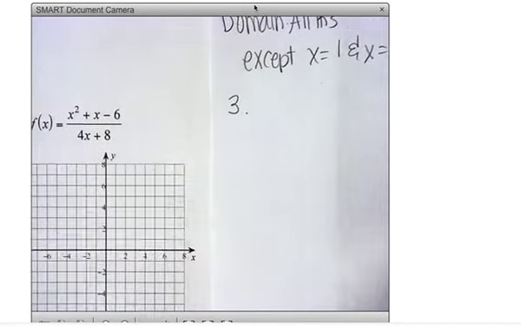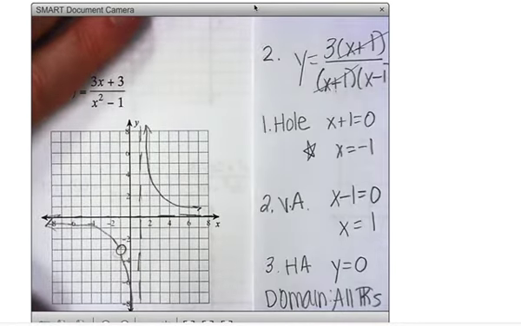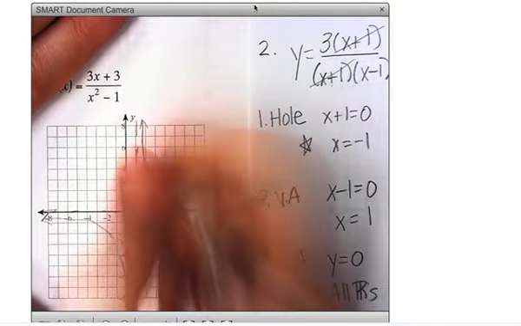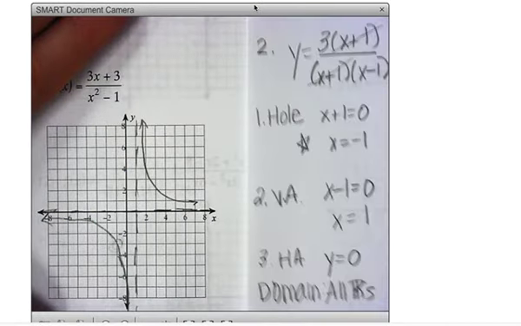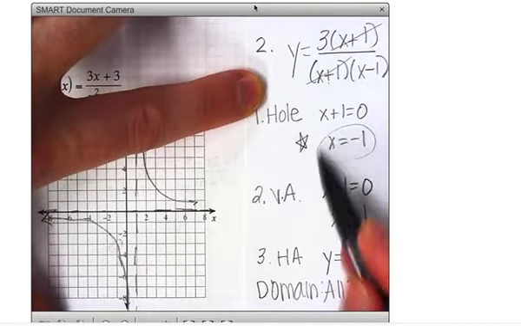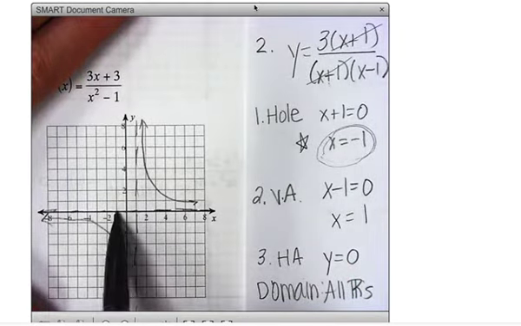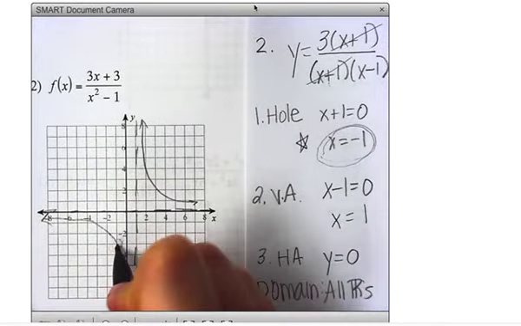So the hole, what you do is if I have a hole at -1, you have to do that after the sketch. Once you sketched it, you had this, right? A hole happens when x equals -1. So you go to x equals -1, which would be here, and you go where the graph is at -1, which is right here.